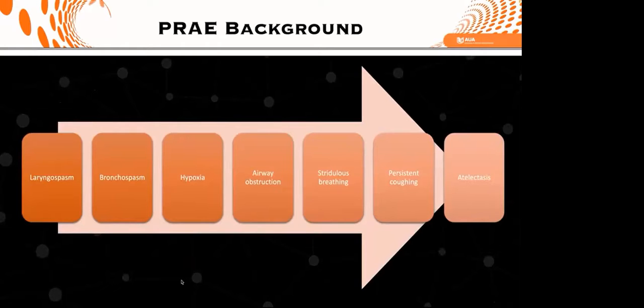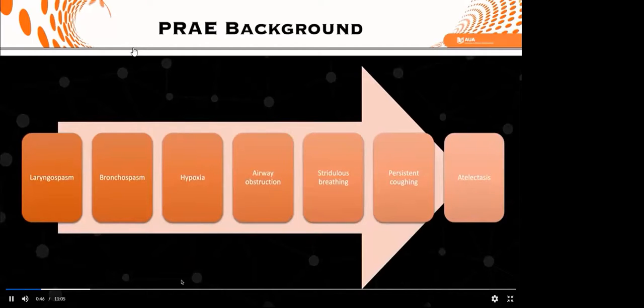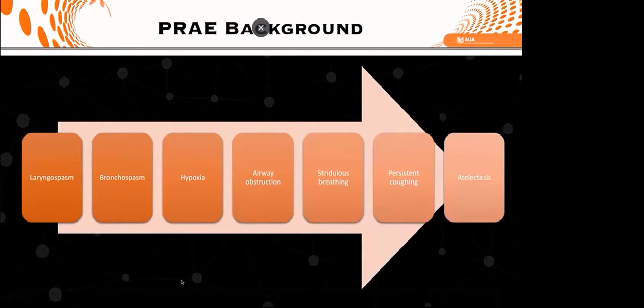Perioperative respiratory adverse events, PRAE, are a common cause of morbidity and mortality in children, accounting for over three quarters of critical adverse incidents during the perioperative epoch. PRAE include laryngospasm, bronchospasm, hypoxia, airway obstruction, stridulous breathing, persistent coughing, atelectasis, and the need for continual oxygen requirement in the early postoperative period.